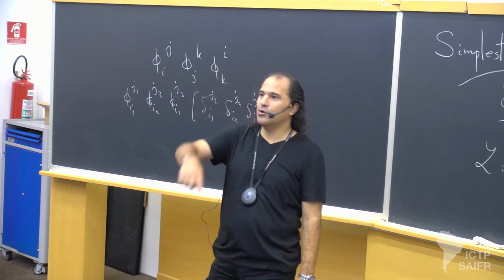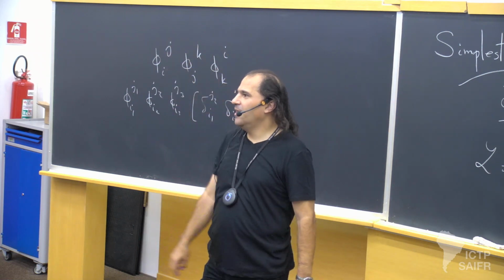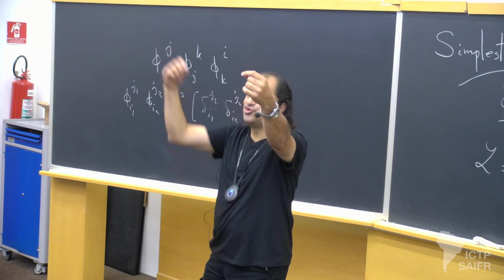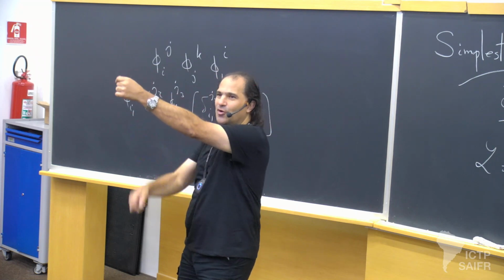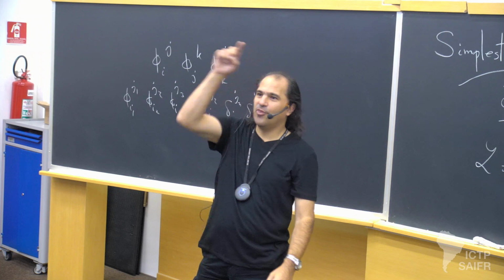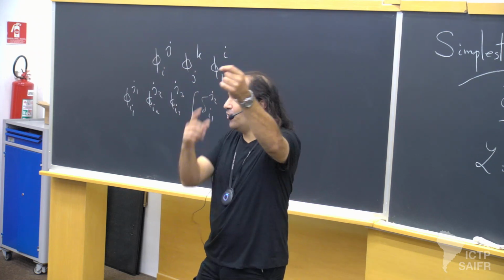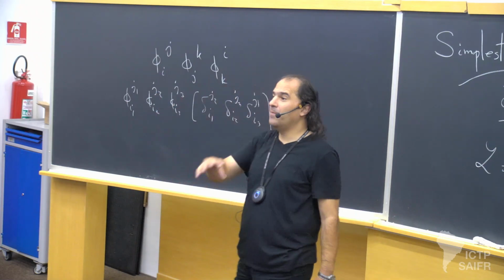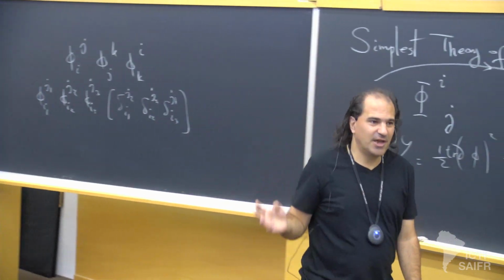So if I have the ordering 1, 2, 3, 4, it means that the deltas are contracted between the 1 and the 2, delta I1, J2, right? So between 1 and 2, 2 and 3, 3 and 4, 4 and 1. If I say it's 1, 3, 2, 4, it's just that the deltas are contracted in the similar way with those particle labels on the outside.